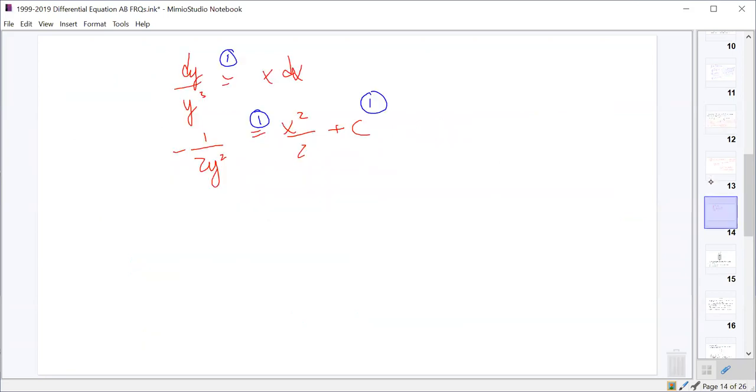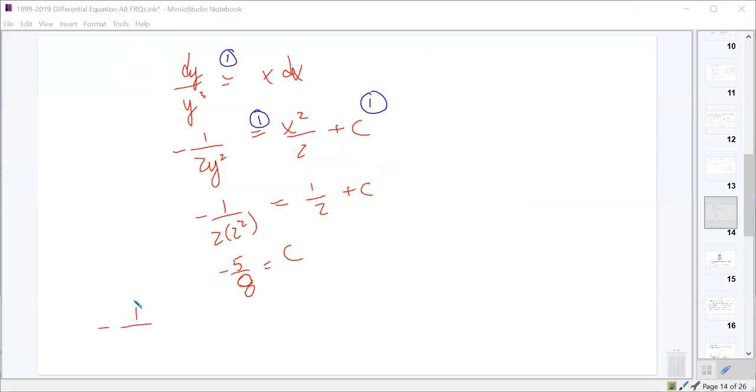X is 1, y is 2, so negative 1 over 2 times 2 squared equals 1/2 plus c. This is negative an eighth, and we're going to subtract a half from negative an eighth. So negative 1/8 minus 4/8 ought to be negative 5/8 as our constant.